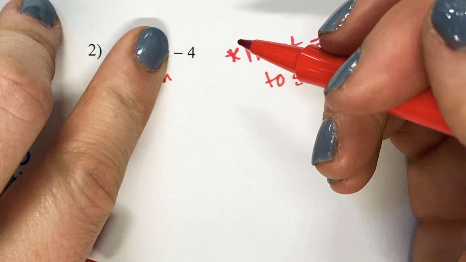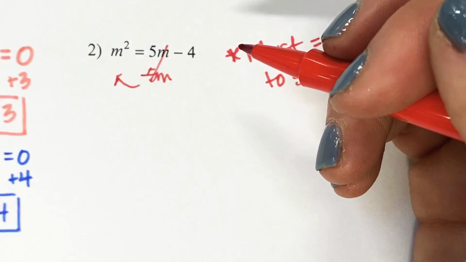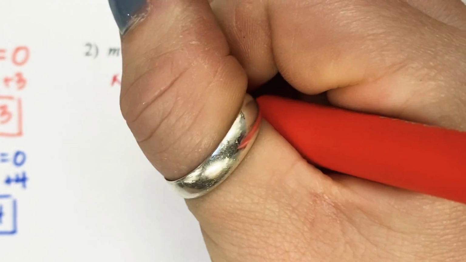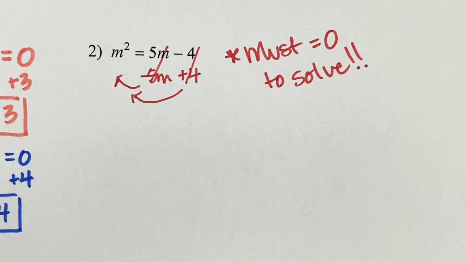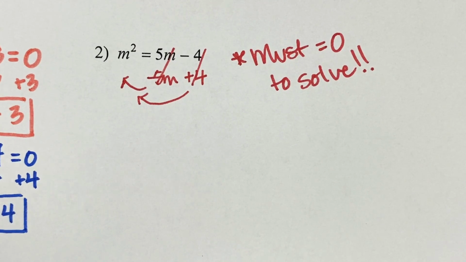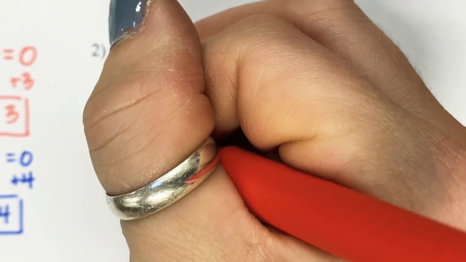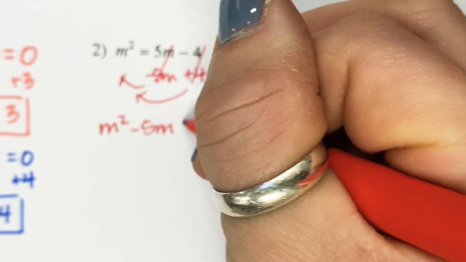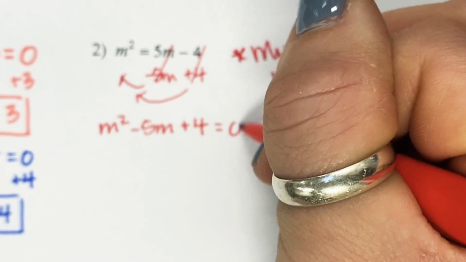Okay, well, what is the opposite of negative 4? It's going to be to add 4. That's going to move him over there. Okay, so I have m squared that was already over there, minus 5m plus 4 equals 0.